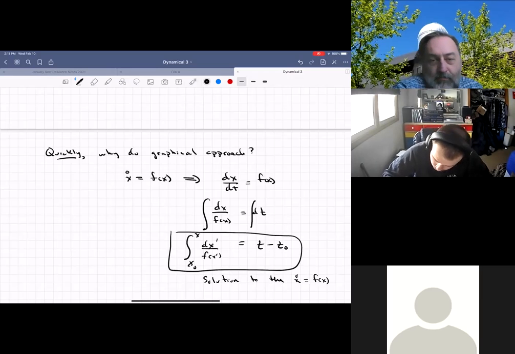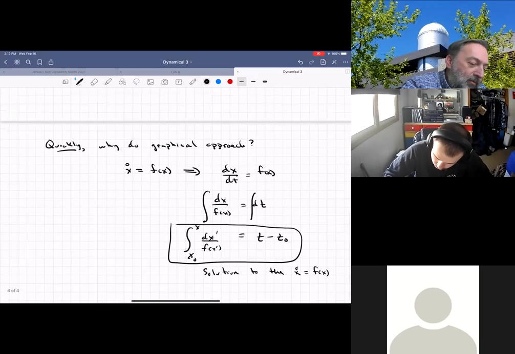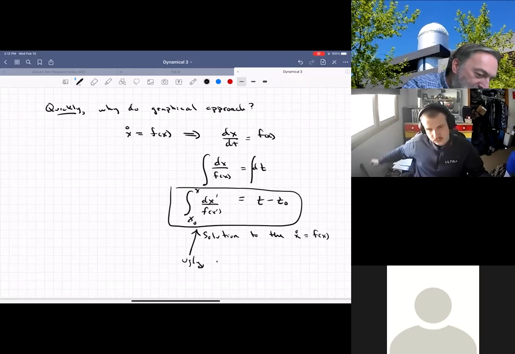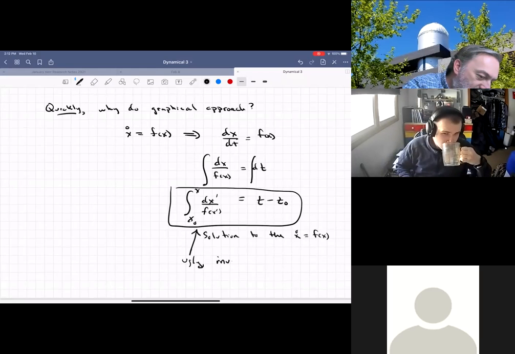By almost manifestly, the way we're setting the problem up, the problem has an analytic solution. Now, it might not be very pretty. This might be ugly. And then we might need to invert to find x as a function of time.